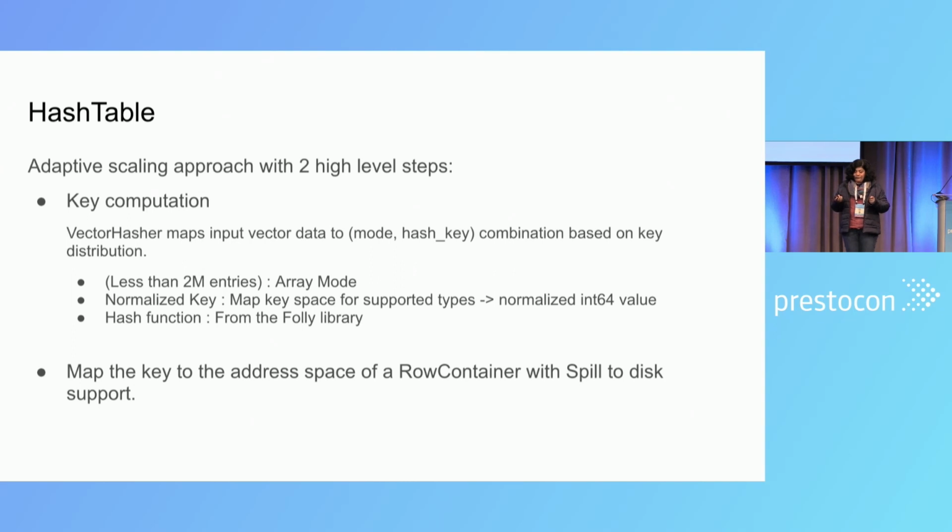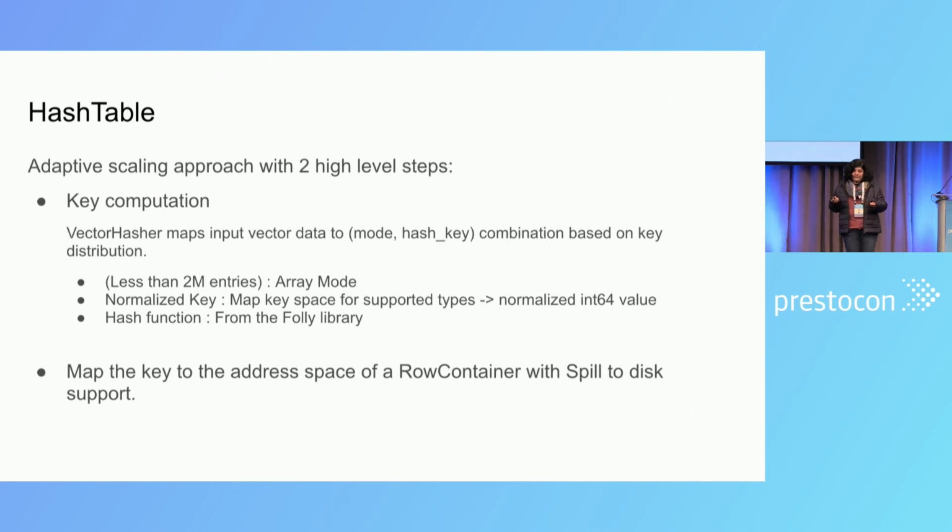And if you have more than 2 million entries, you go into this normalized key approach, where if your keys are integer types, I think Boolean, these supported types can be mapped to a normalized int64 value, and you can use that to go into your address space. But this might not work if you have character data.